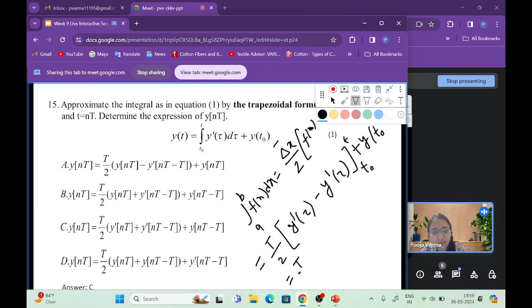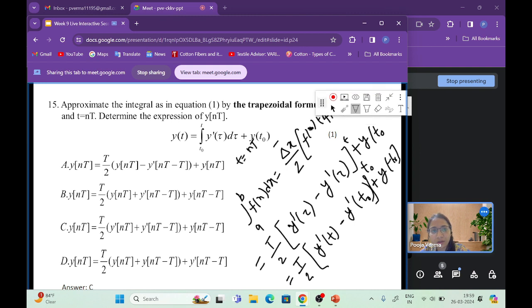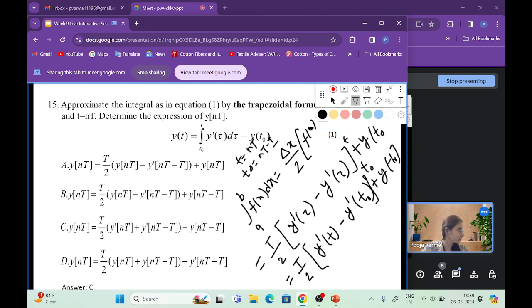Okay, so it is T by 2. If we put it here, you will get y dash t minus y dash t naught plus y t naught. Now here it is given that t is equal to nt and t naught is equal to nt minus T.